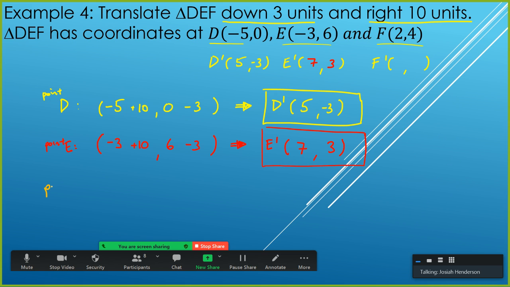Point F, the old F is at 2, 4. Apply down 3, so that's -3 for y, and plus 10 for x, because right 10.